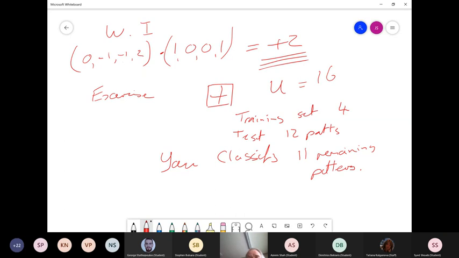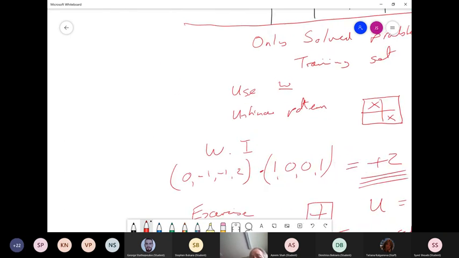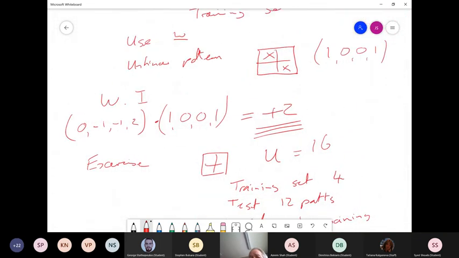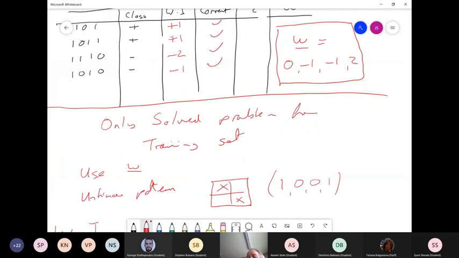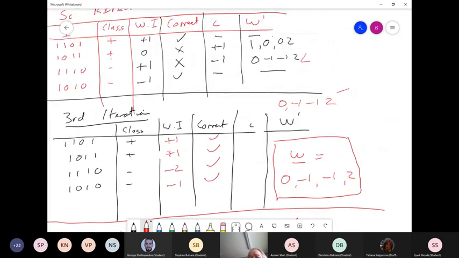Now, what else can we say about this weight vector? Is the weight vector doing something useful? Does it make sense what's happened? That was the weight vector we ended up with. Now we're weighting the 2nd, the 3rd and the 4th elements, but the weight for the 1st element is 0. It effectively means the 1st element of the vector is disconnected. Now let's go back to the training set.